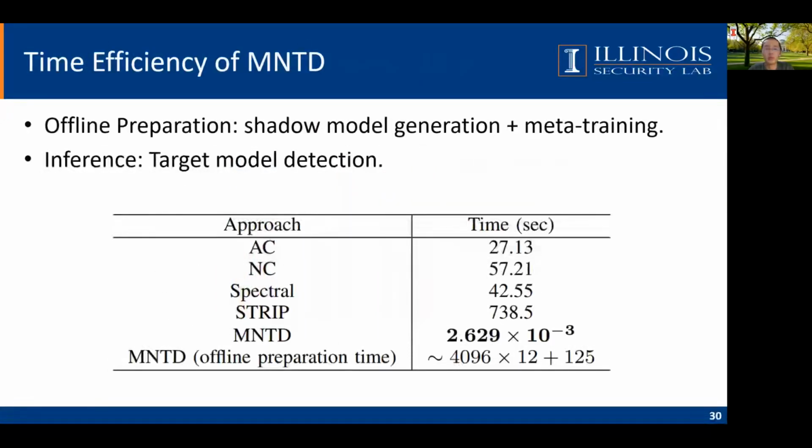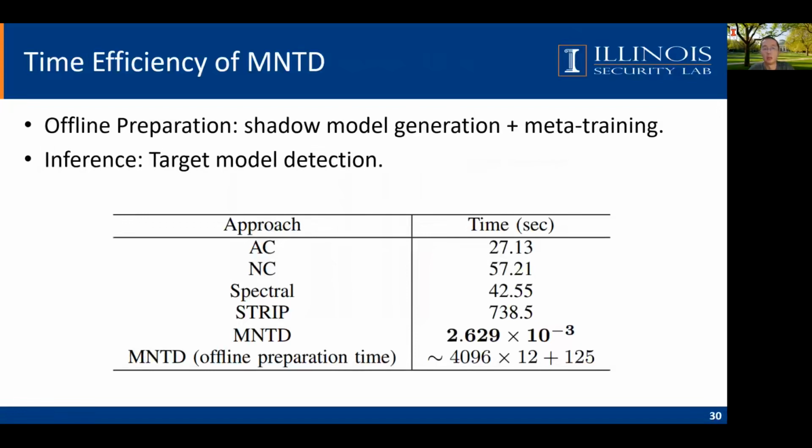And we also compare the time efficiency of our pipeline and previous works. Recall that we have 3 steps in our system. The first 2 steps to generate shadow models and to train the system will take a long time, but they are offline preparation because we only need to do it once for one dataset.